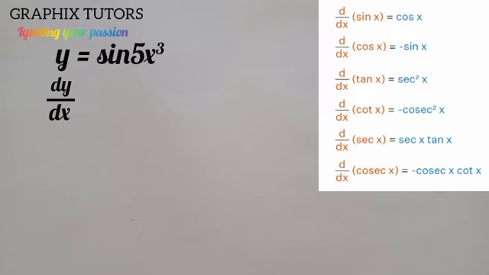We know from the top right corner that sine x gives us cos x. So if I have sine theta, it gives cos theta. If I have sine alpha, it gives cos alpha. So sine of anything will give you cos of that thing, in terms of an angle, or probably a constant.